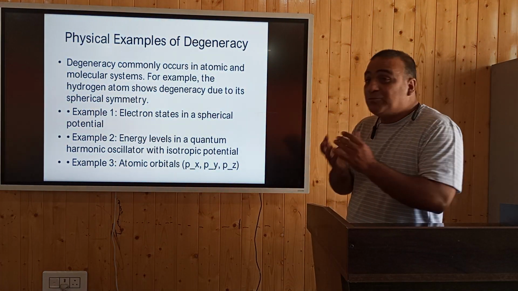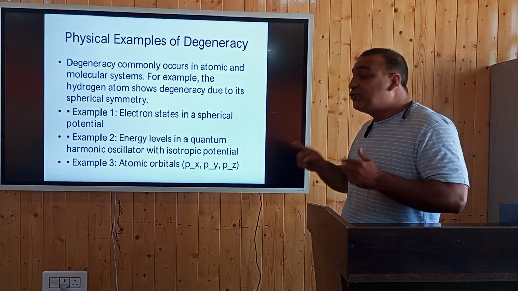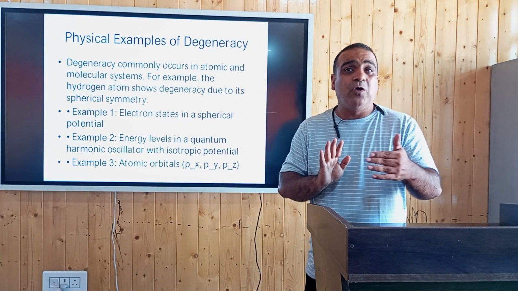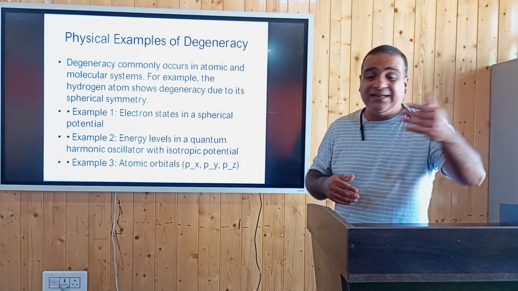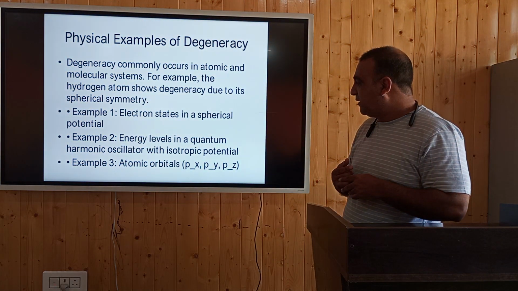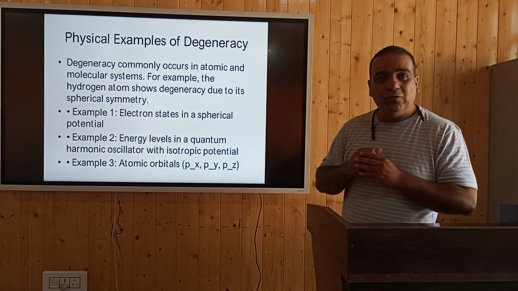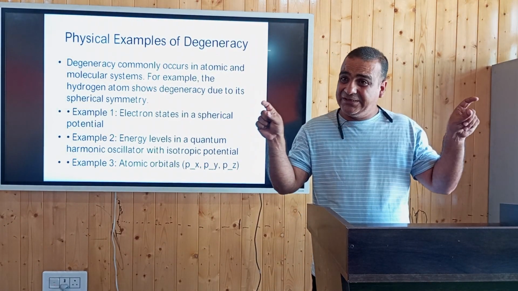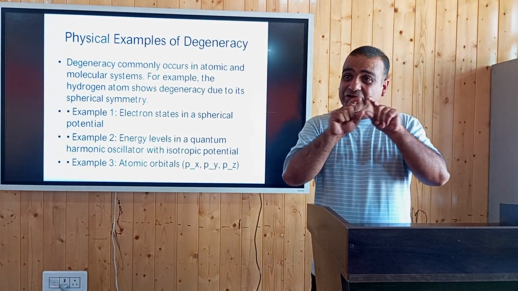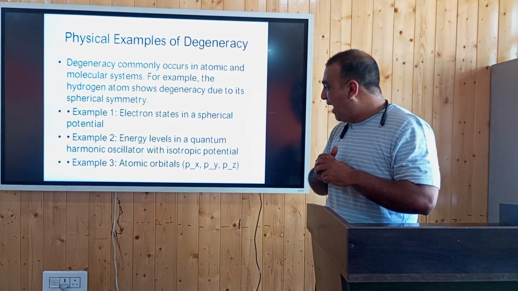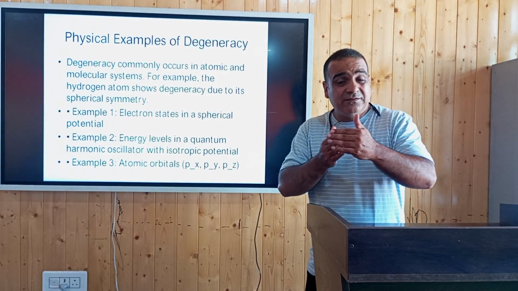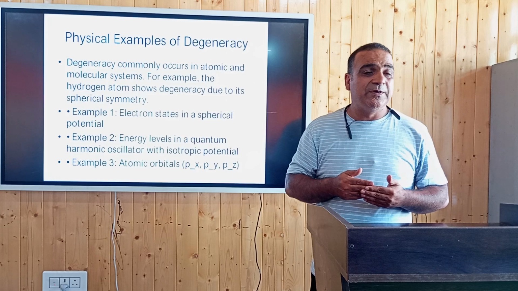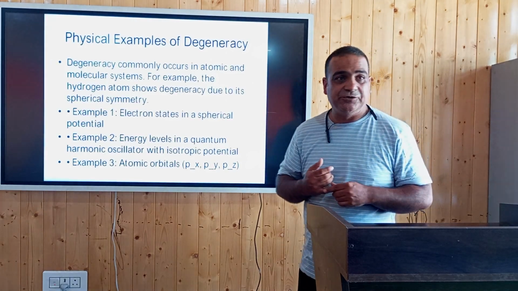Energy levels in a quantum harmonic oscillator with an isotropic potential are also degenerate. And the orbitals that you have in an atom like px, py, and pz: if you remember, the p orbital has three components, px, py, and pz. They are the three different orientations of the p orbital having the same energy.